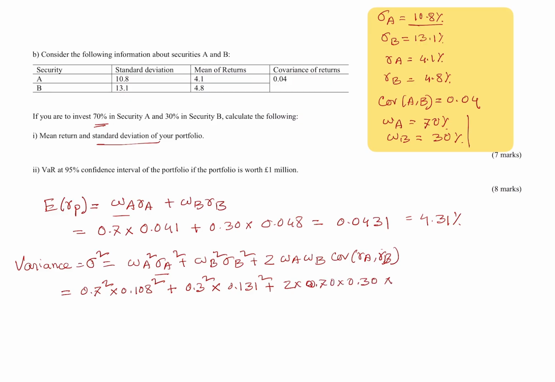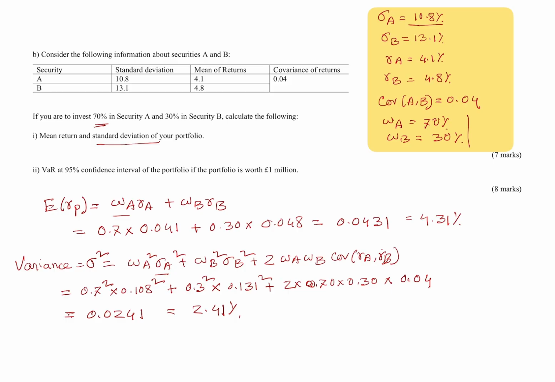And we write down the covariance 0.04. When we plug them all in together, we get 0.0240. So my bad, 0.0241, and this is 2.41%.